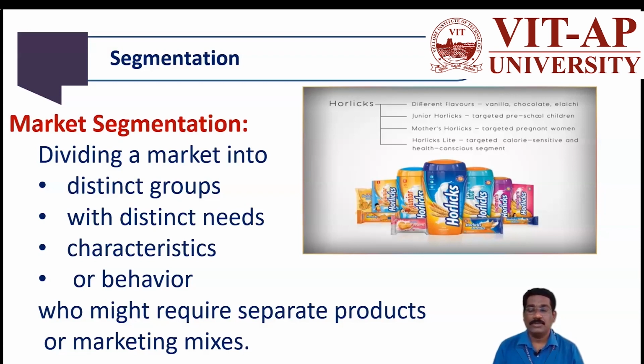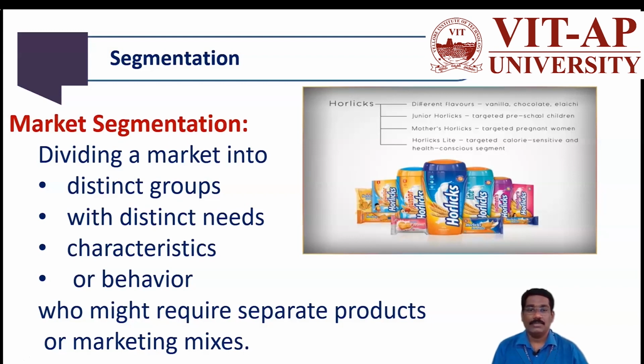The consumers in that segment look for exclusive products, and they want a specific marketing mix which will cater to and fulfill their requirements. Clear? So marketers will formulate a marketing strategy to fulfill the requirements of that particular segment of consumers, who form a distinct group with distinct needs and specific characteristics, and who exhibit similar behavior.